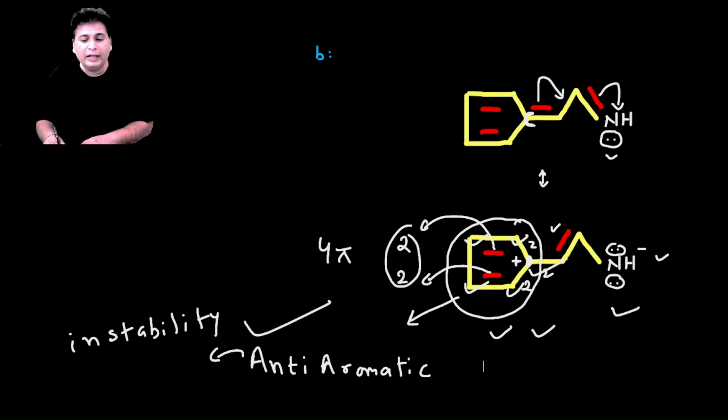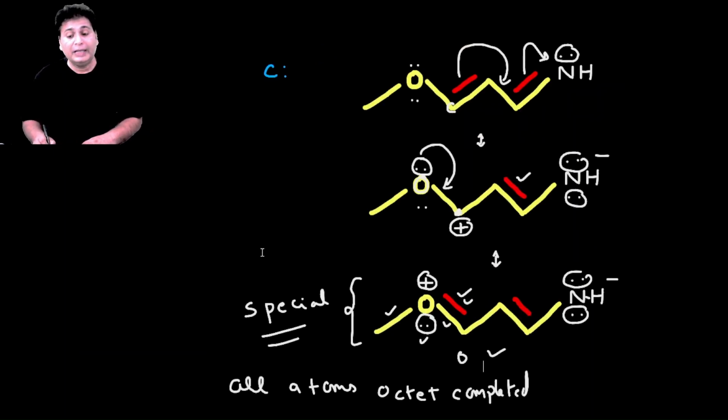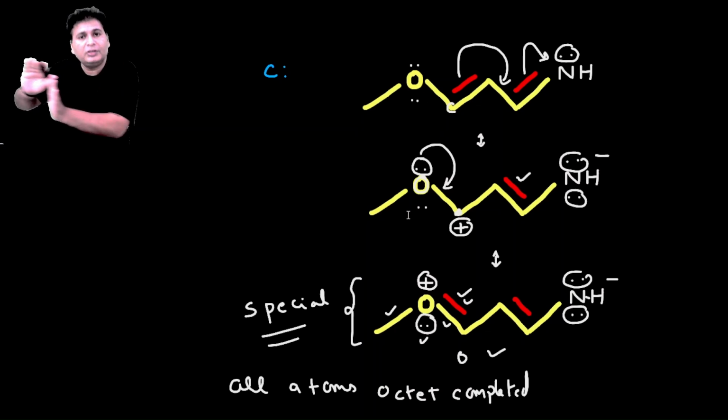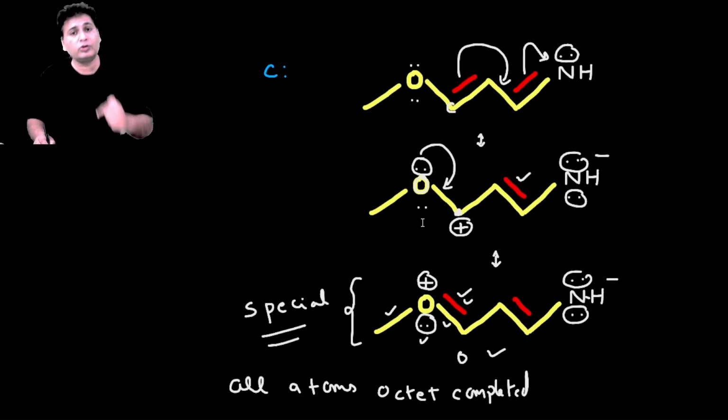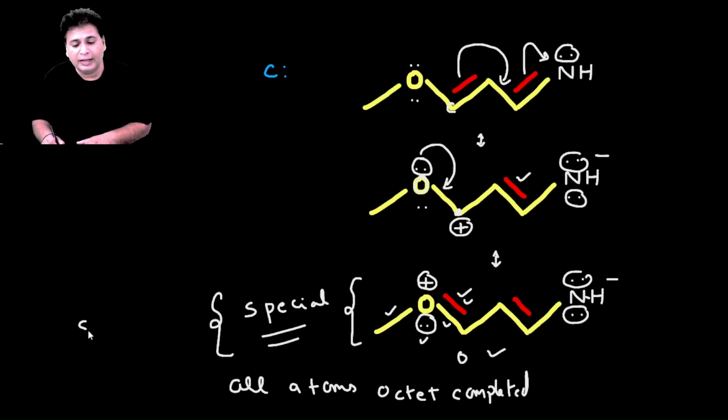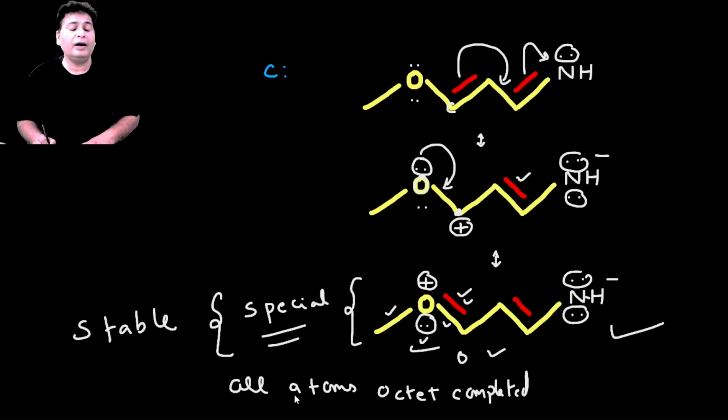On the other hand, if you see the C option, C gives one extra electron pair to nitrogen, and in this course it does resonance and makes a structure which is quite stable. On what ground? It is quite stable because in doing so it gives an oxonium ion, a species where all the atoms have completed octet, and no anti-aromaticity.